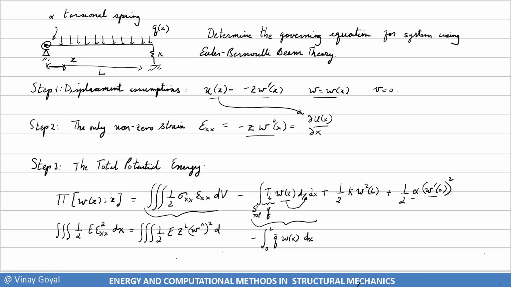Again, I'm forgetting here the volume, and here it is dA dx. E does not depend on dA, and w double prime does not depend on dA. So the double integral of z squared dA is I. So I get the integral from 0 to L of 1/2 EI w double prime squared dx.